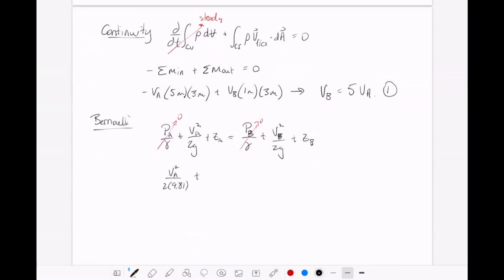Our Z coordinate at A is 5 meters. That's equal to 0 plus VB squared over 2 times 9.81. And our elevation at point B is 1 meter. So from this, we get an equation: VB squared minus VA squared is equal to 78.48.